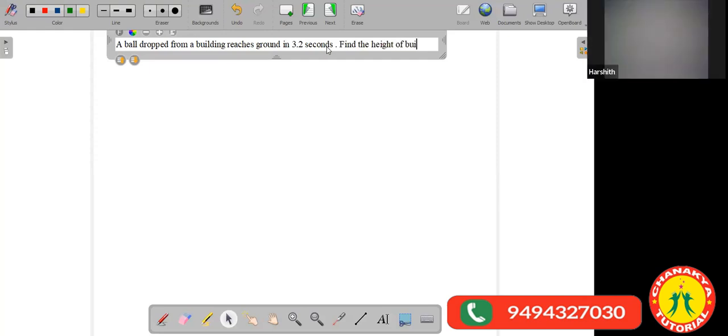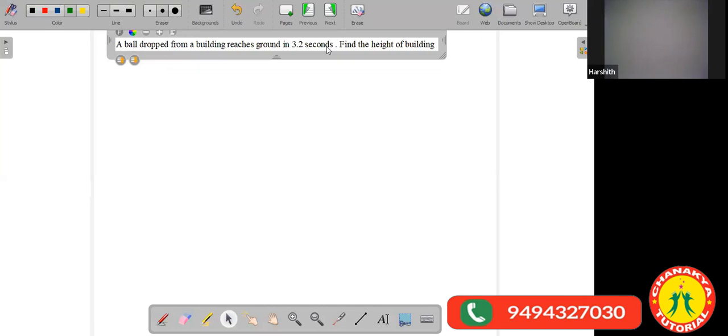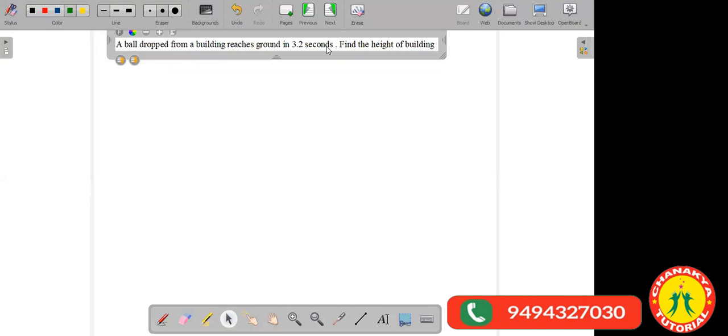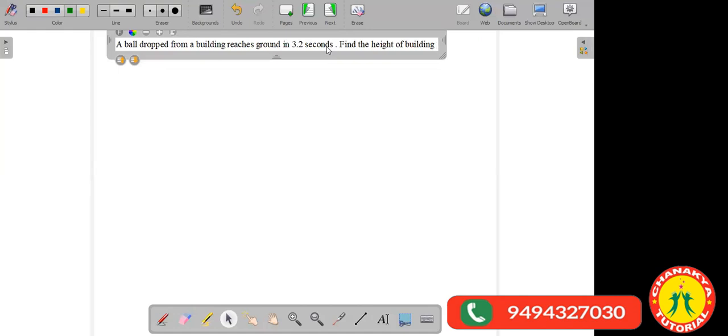Will you mention the acceleration? Yeah, acceleration will be 9.8. Whenever any object is thrown vertically or dropped, the acceleration is 9.8 because of gravity. Sometimes it's given as 10 for simplicity of calculations, but currently you take it as 9.8 only.